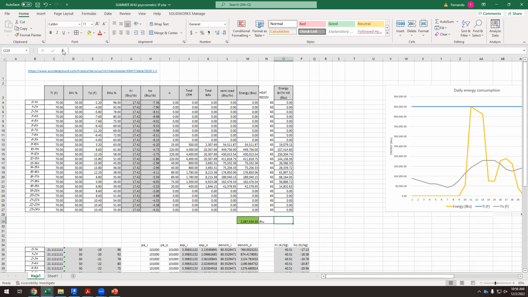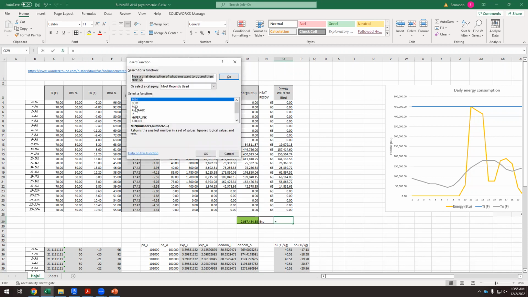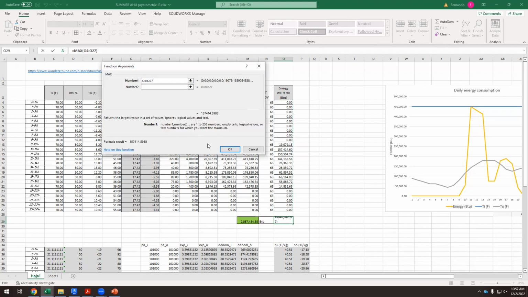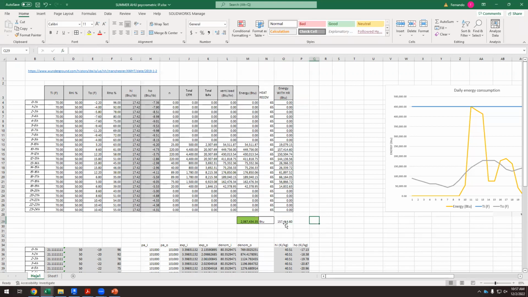So if I know this function, I can use max of this column. So this is the maximum value, 157,000 BTUs.